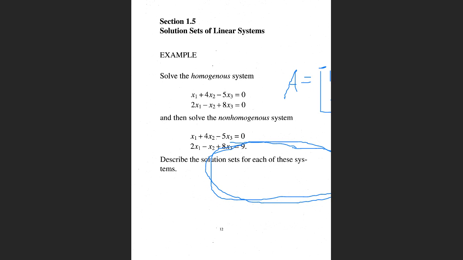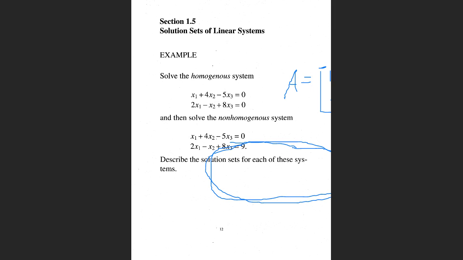So the matrix A is 2 rows by 3 columns. The vector x is 3 rows by 1 column, 3 by 1. So what should this product vector be, the vector 0? What are the dimensions on the vector?